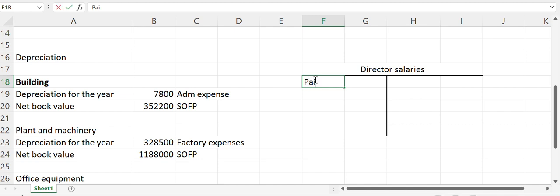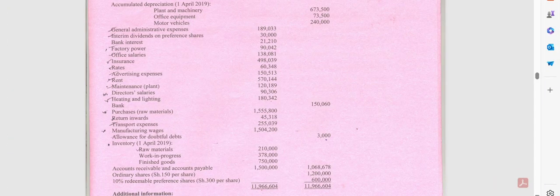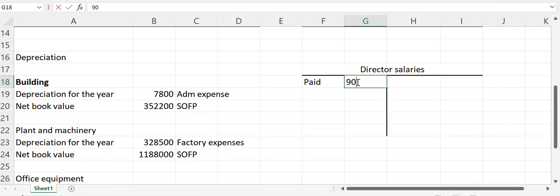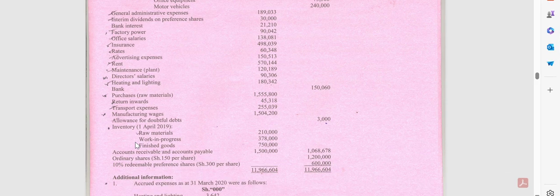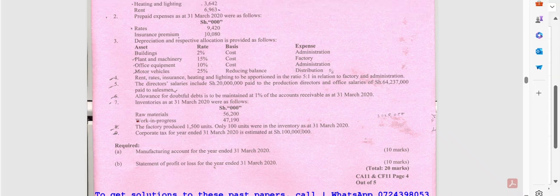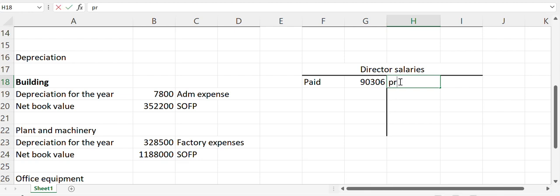So we have the paid here in the trial balance, which is 90,306. But this figure includes, go back to the additional information, it includes, so director salaries include 20,000 paid to production directors. So we are going to less for production directors.